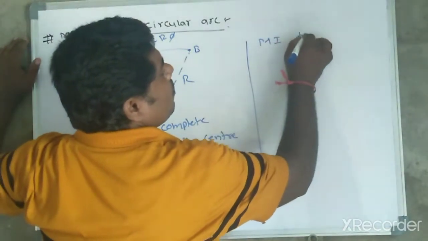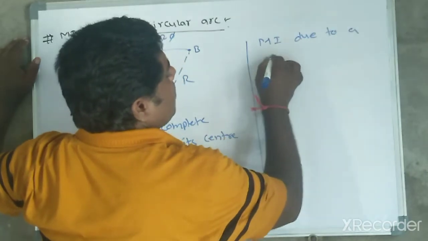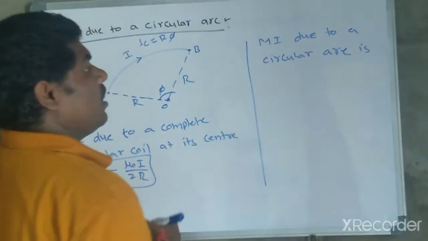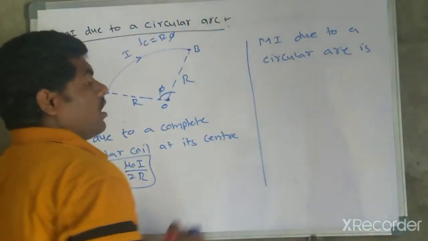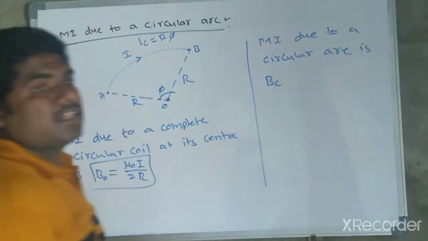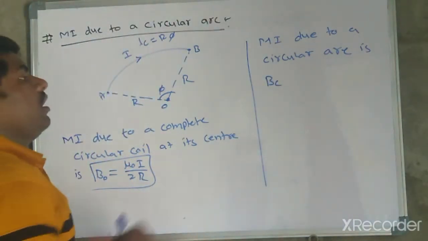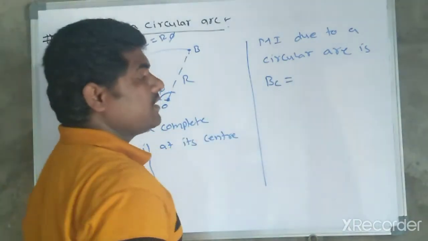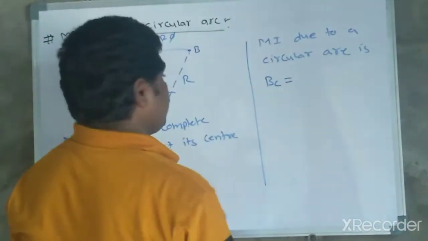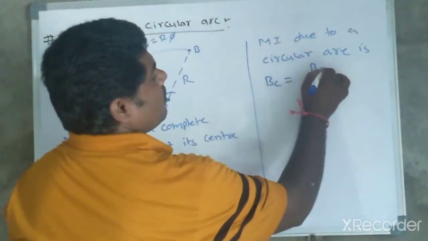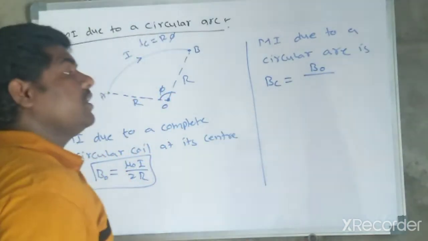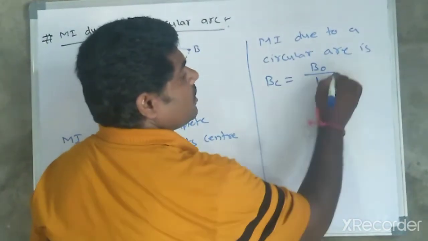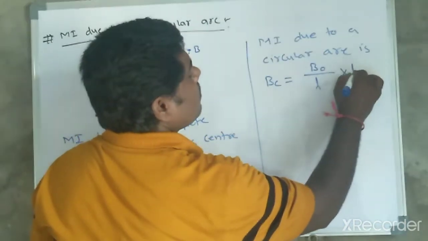Magnetic induction due to a circular arc, BC, is nothing but the circular coil arc value. The magnetic induction is equal to the full magnetic induction of the circular coil divided by the circular coil circumference length, into the small arc length LC.